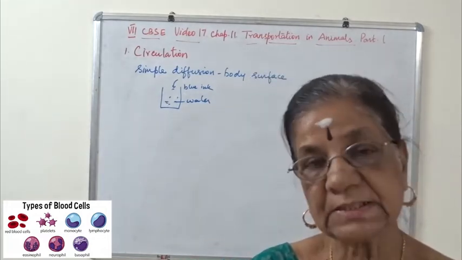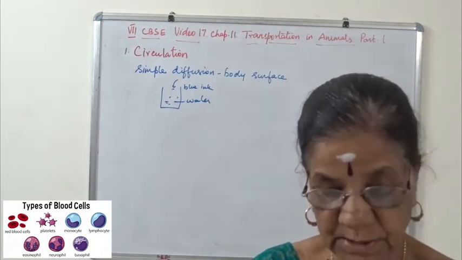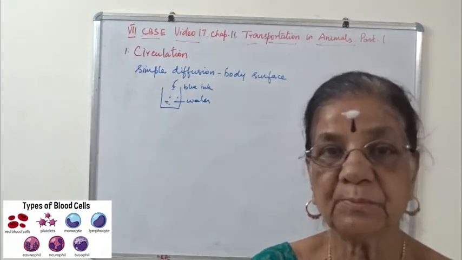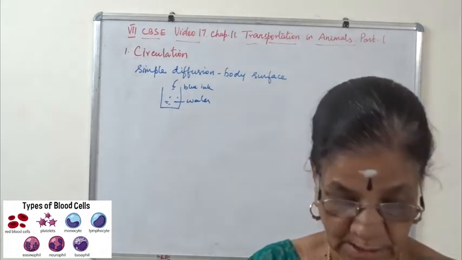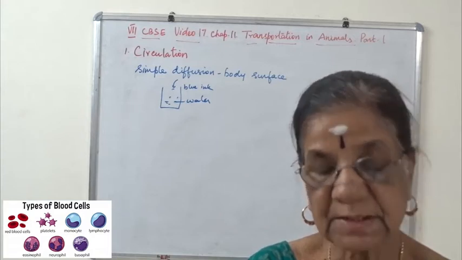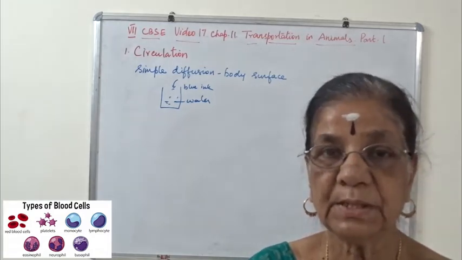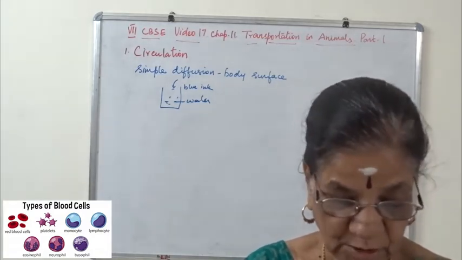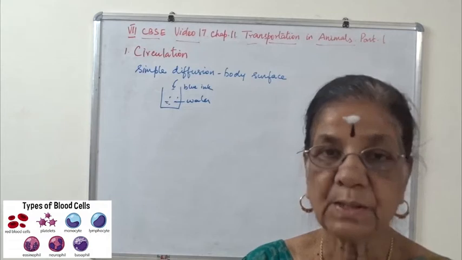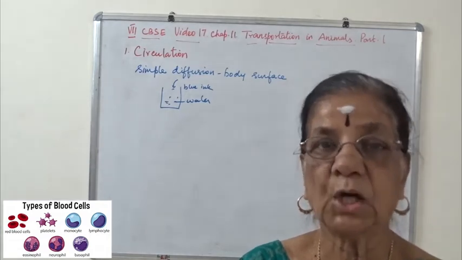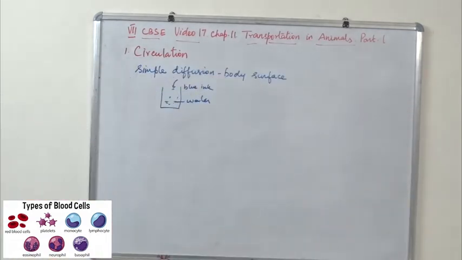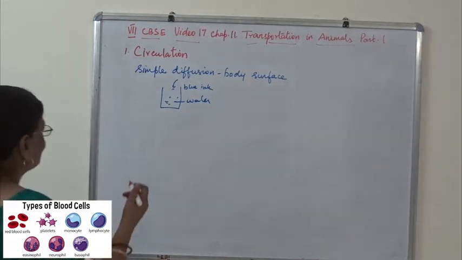The circulatory system in humans has three main components. I repeat, the circulatory system has three main components: blood, blood vessels, and the heart.